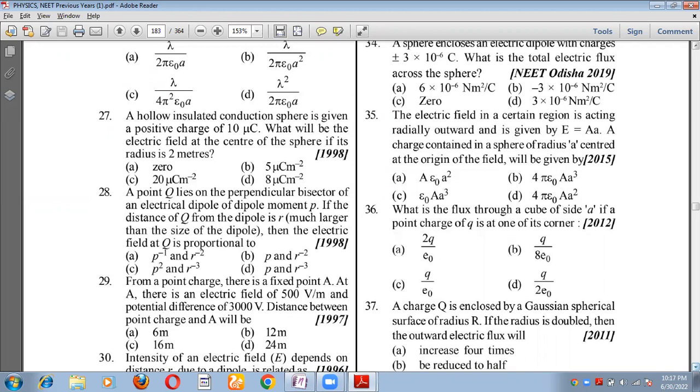So basically we have to find the electric field at the equatorial position, or perpendicular bisector. Very easy question. All of you should answer question number 28.